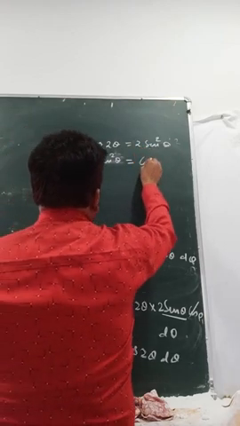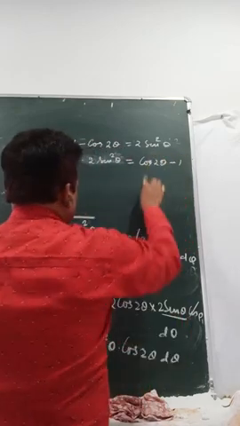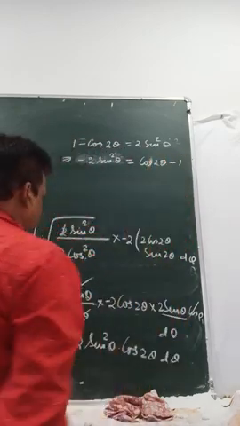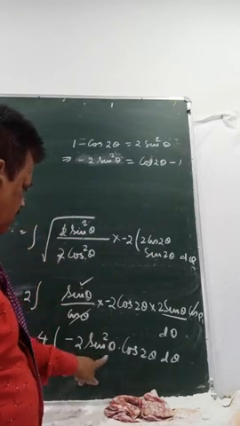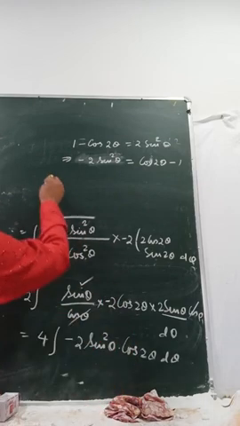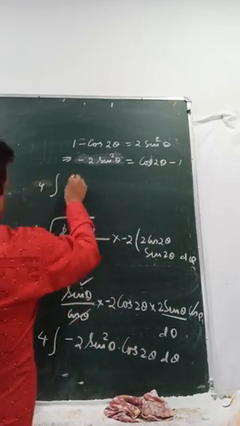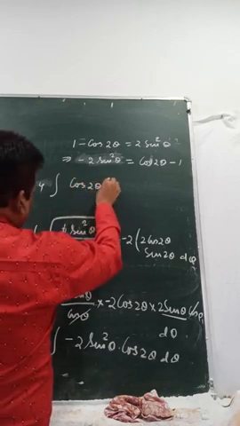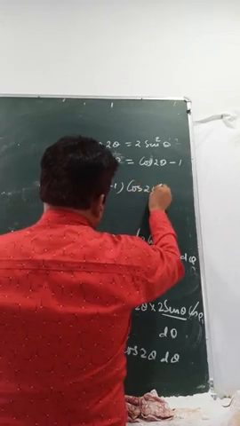The cos 2 theta minus 1, if I keep the minus inside. Okay, now it has come to the solution. So 4 I have given outside. Cos 2 theta minus 1 into cos 2 theta d theta.